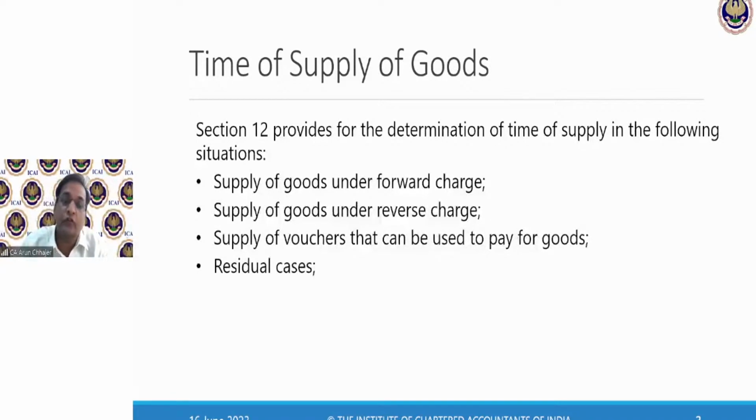Residuary means, in case I am not able to determine the time of supply in any of the above provisions. And last is if I am taking interest, late fees, or penalty for the delayed payment of any consideration.